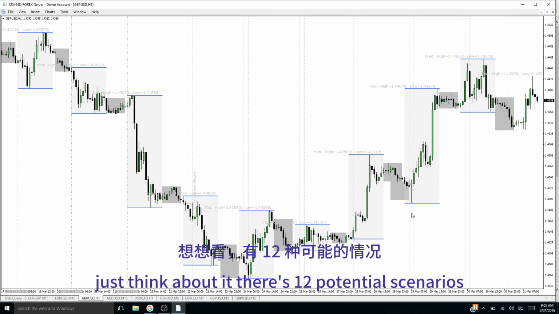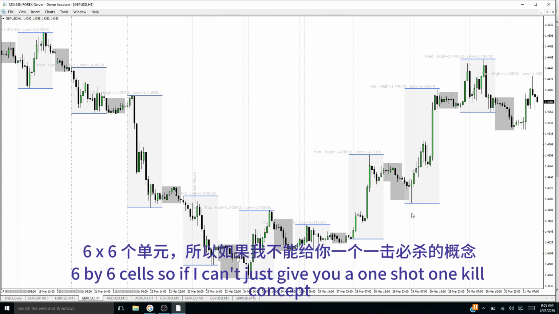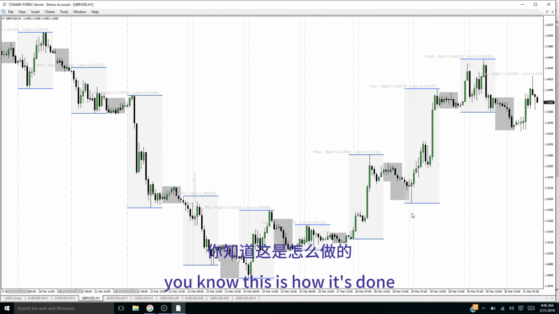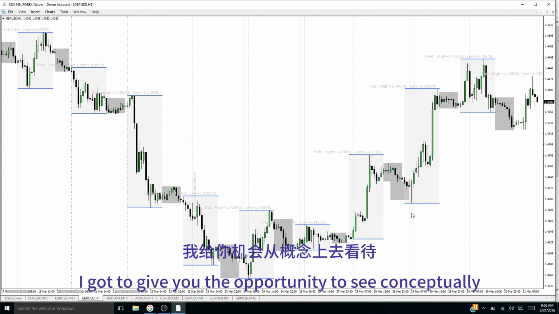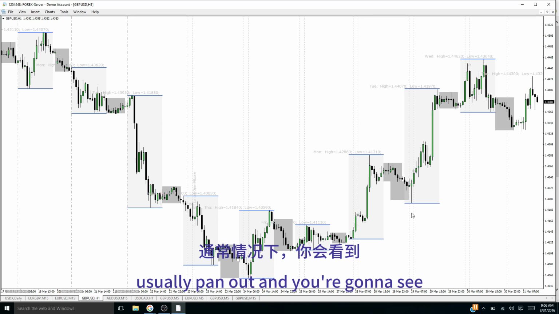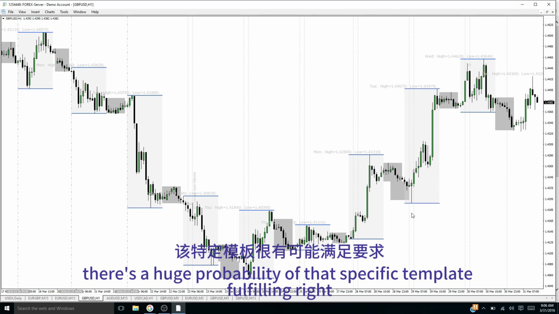Because think about it, there's 12 potential scenarios, 6 buys, 6 sells. So I can't just give you a one shot, one kill concept, it always works this way, therefore, this is how it's done. I got to give you the opportunity to see conceptually how the markets usually, not always, usually pan out. And you're going to see there's a huge probability of that specific template fulfilling in the same fashion.